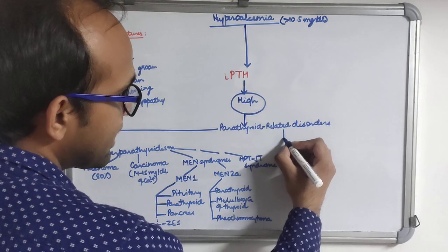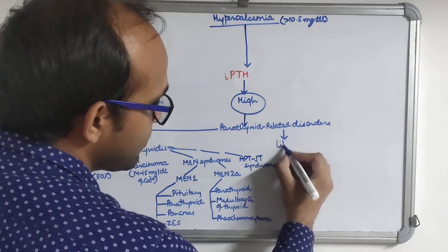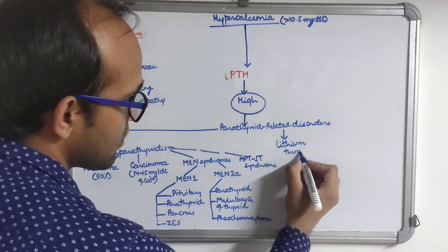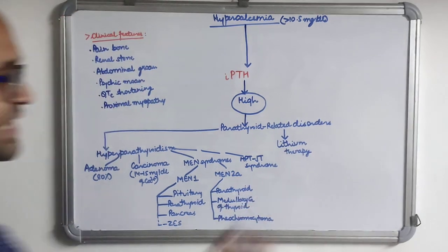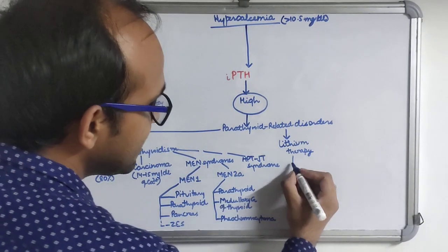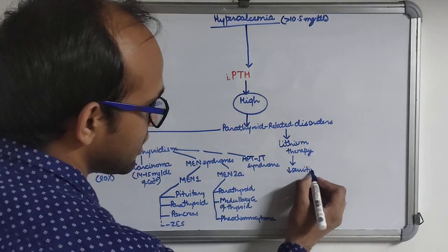Another parathyroid related disorder which leads to hypercalcemia is lithium therapy. Now, how does lithium therapy result in hyperparathyroidism? Lithium decreases the sensitivity of the calcium sensing receptor.